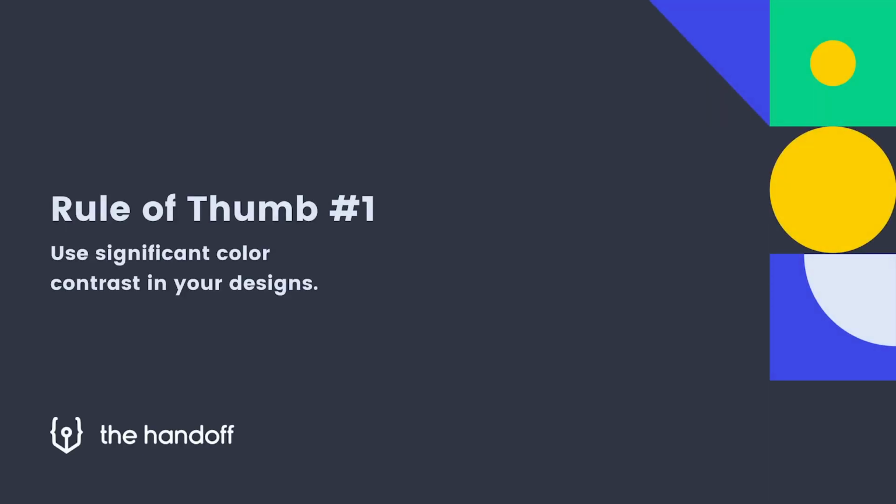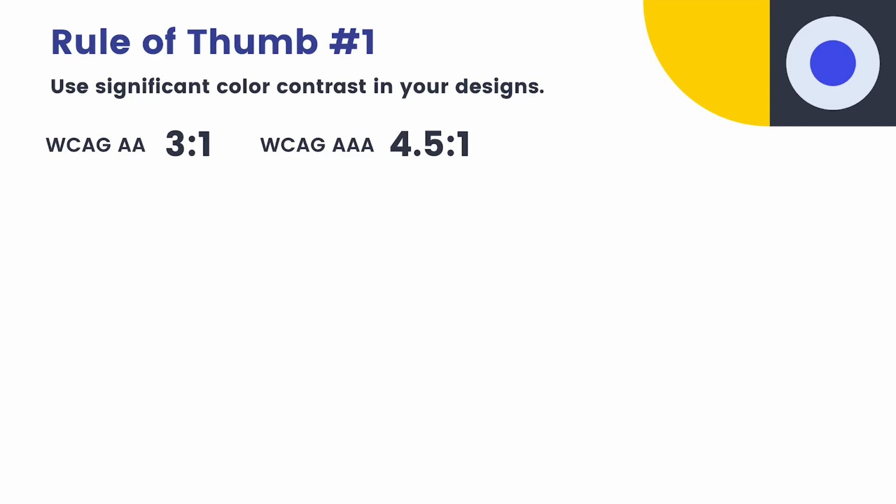In simple terms, color contrast is how different two colors are when you show one on top of another. This can be as simple as text on top of an empty page or a white background, or it can be more complex, such as a button where there's text on top of a colored background or an image. So on the screen, we currently have two different values. These values are called WCAG AA and AAA.